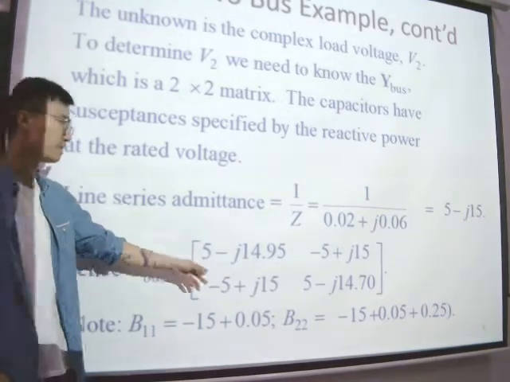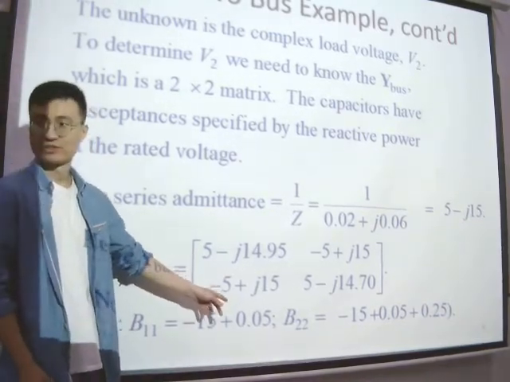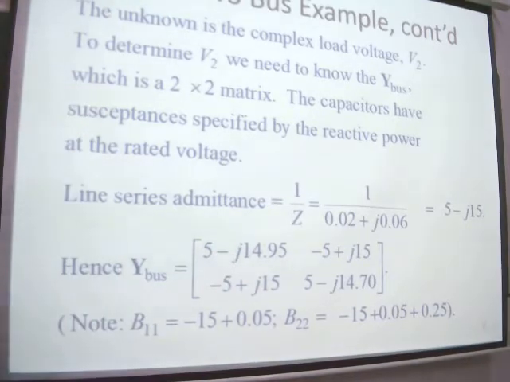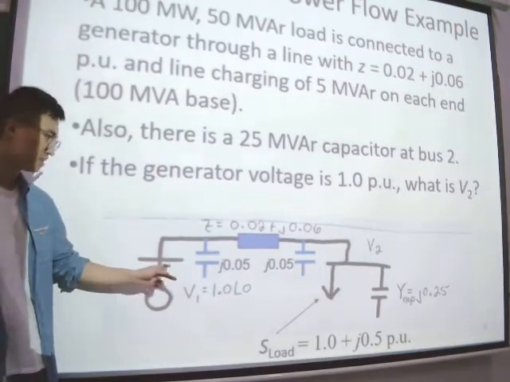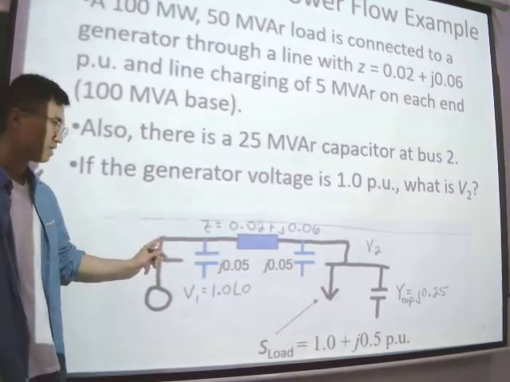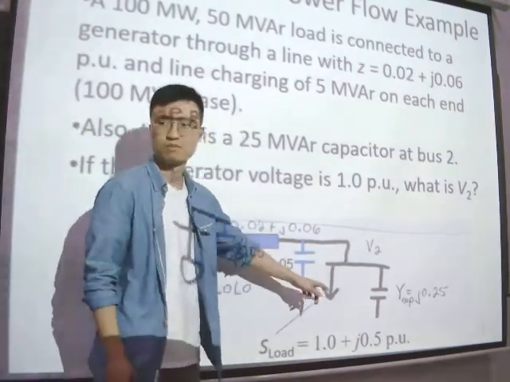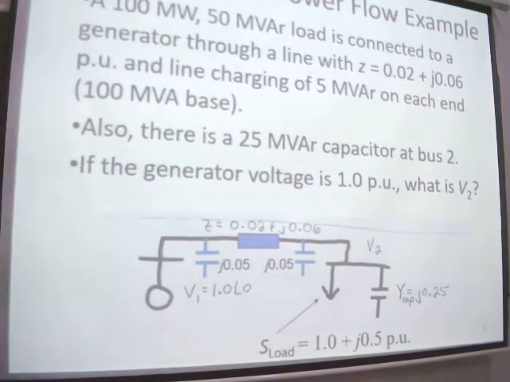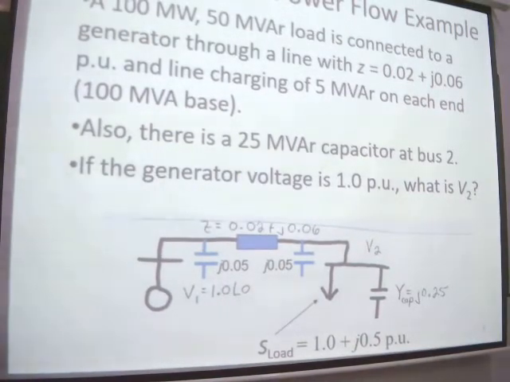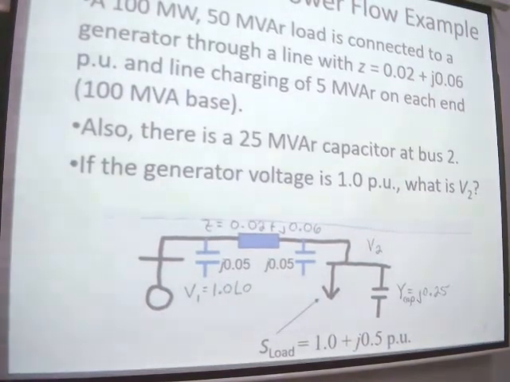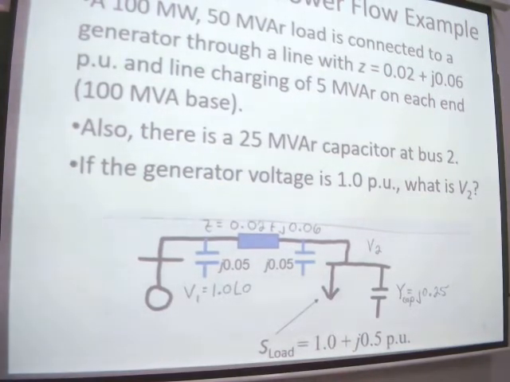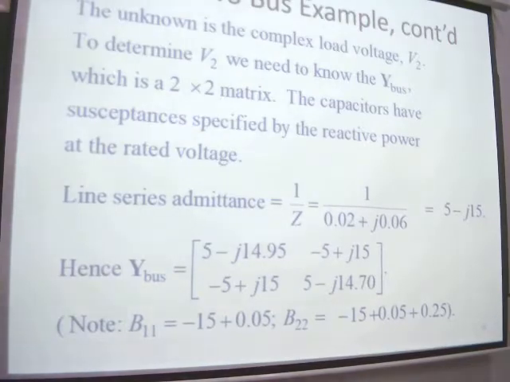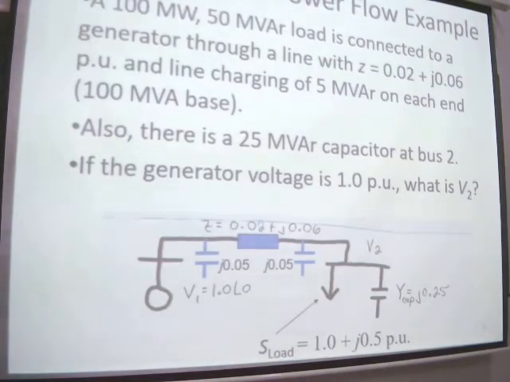And for the mutual admittance, what is the mutual admittance between this generator bus and the load bus? It is minus 5 plus j15. Yes, you're correct.